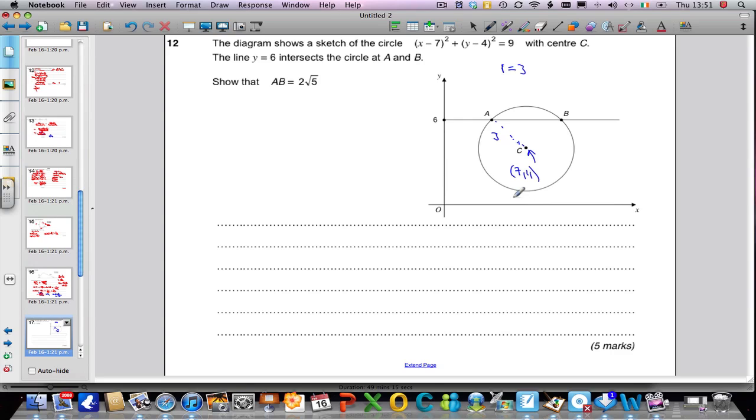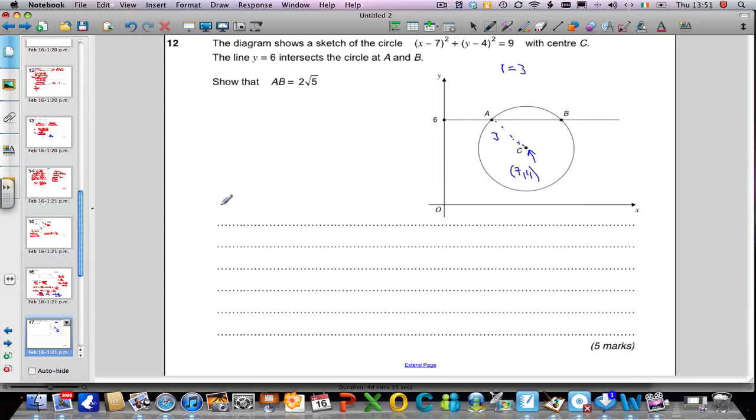Alright, where do we go from here? I also know that at this point here, y is 6. And at this point here, y is 6. I would really like to know what x equals at this point. If I know what x equals here and x equals here, I can take the difference away, and that will tell me how long that line is.